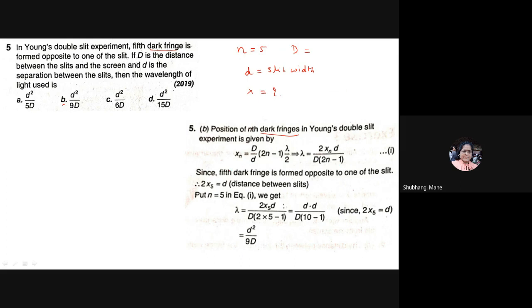What is given? n is given, the fifth dark fringe is observed opposite to one of the slits. So 2 times x5 equals d, that is, twice x5 is the distance between the two slits. Okay.